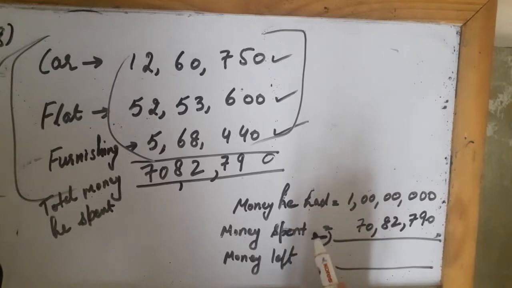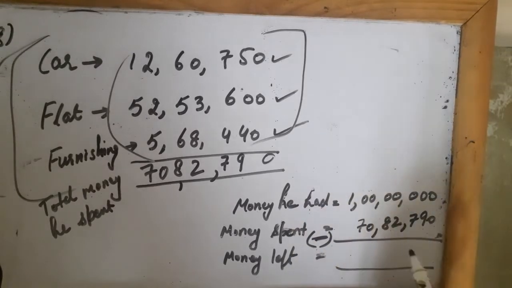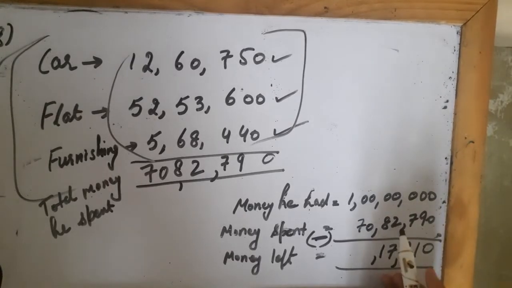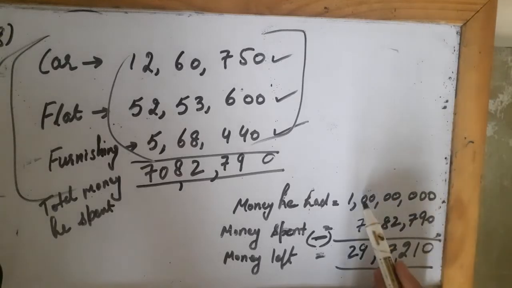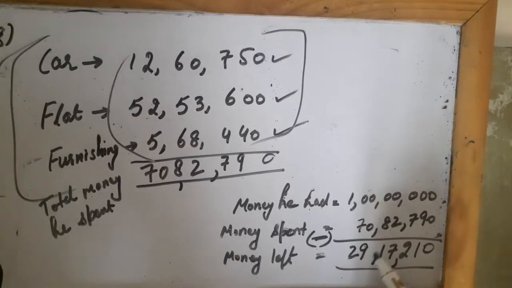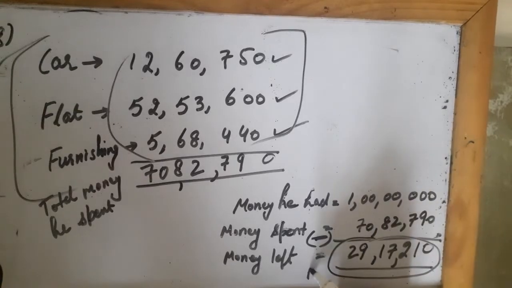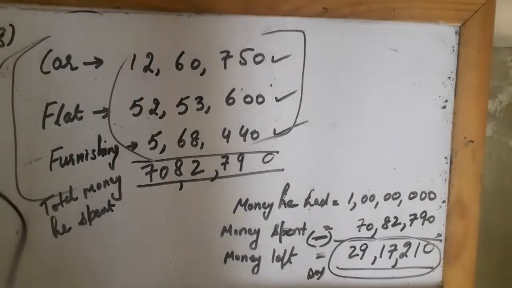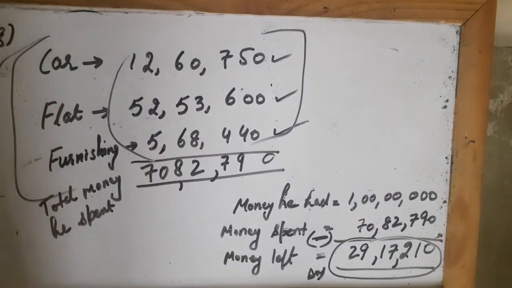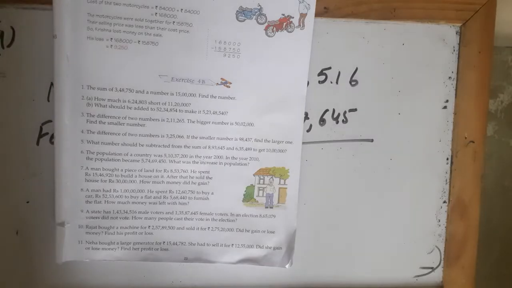So in order to find out how much is left with him, I will subtract the money which he has spent from the money which he had. So he had 1 crore and he had spent 70 lakhs, and when I subtract, the answer is this. So he was left with 29 lakhs 17,210 rupees.